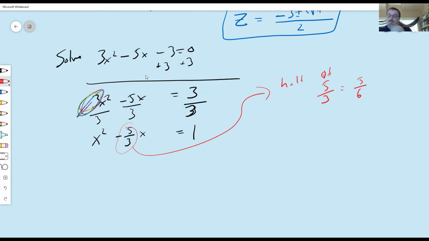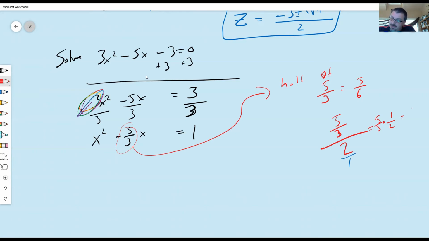Or if you want a little more algebra, we're taking 5/3 and dividing it all by 2, or if you'd like, 2/1. Which means this is a complex fraction. About dividing a fraction by a fraction, so keep, flip, change. So 5/3, flip the bottom one, and change the divide to multiply.